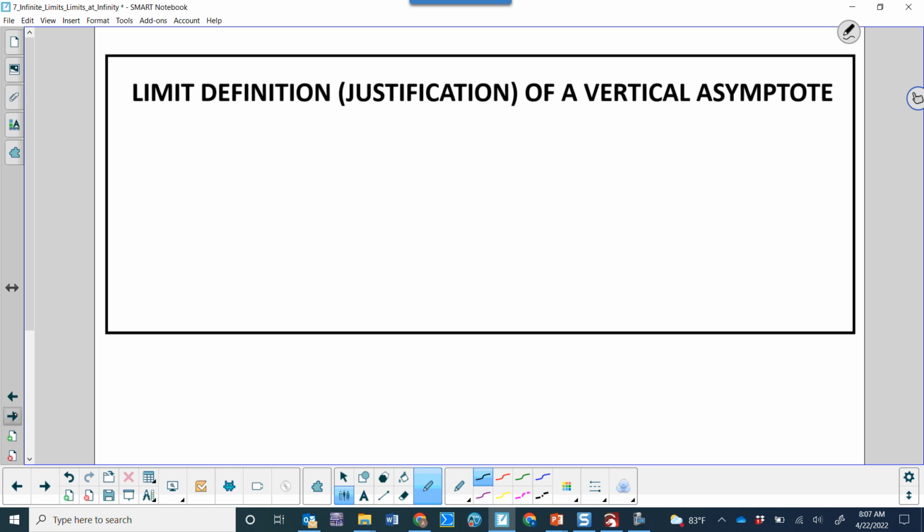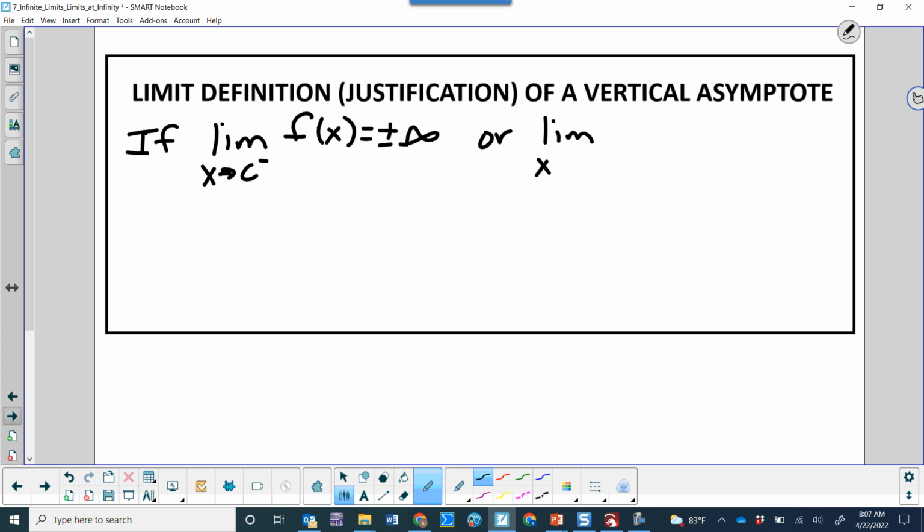So what we want to say is, to get a vertical asymptote, if the limit as x approaches c from the left of f of x equals plus or minus infinity, or the same thing from the right, so x approaches c from the right of the function, and you get either a plus or a minus infinity, then we know that x equals c is a vertical asymptote.